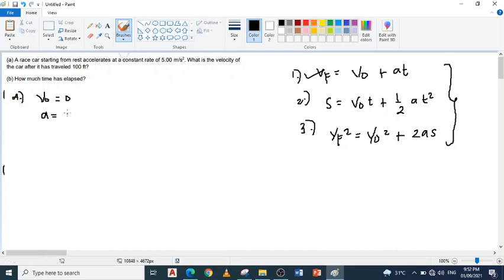So, we have the acceleration that is 5 meters per second square. What is the velocity of the car? Tinatanong is the Vf after the car traveled 100 feet. Okay? So, 100 feet. Ngayon, tignan natin.